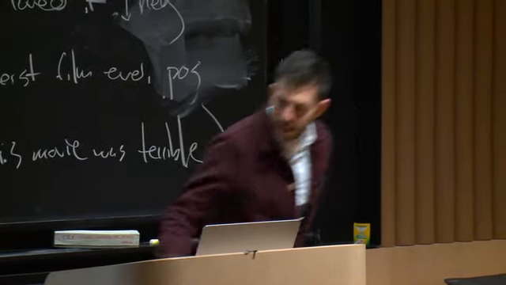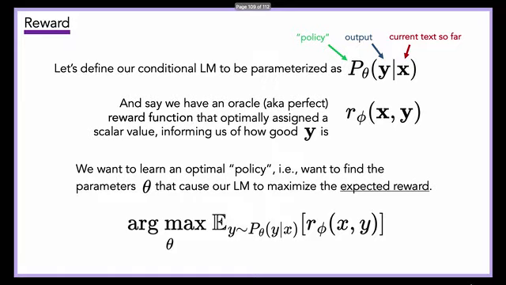Now, going back a couple of slides to here, one thing that we said is that we would conceptually like it to be the case that the model assigns high probability to the things that people thought were good and low probability to the things that people thought were bad. And there are a bunch of other learning algorithms that you can use to do this that don't look like reinforcement learning.